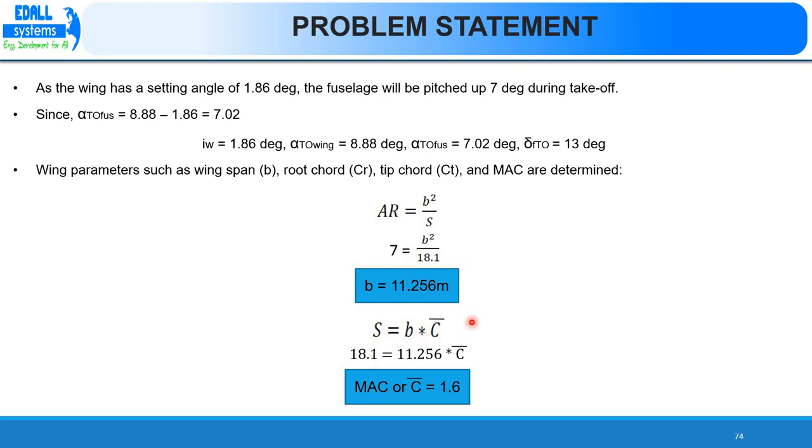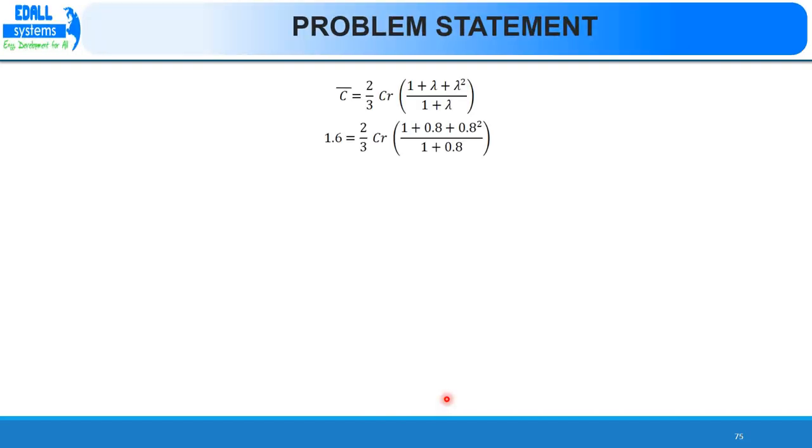You can find mean aerodynamic chord, which is equal to 1.6. Using the mean aerodynamic chord equation, you can find out the value of root chord. After solving this equation, you will get the value of root chord as 1.78 meter.